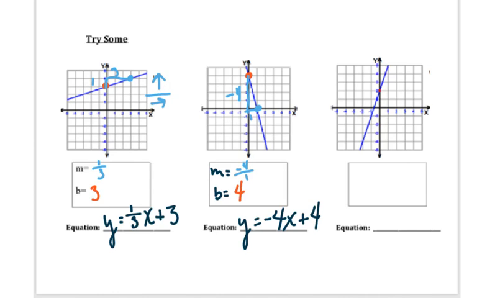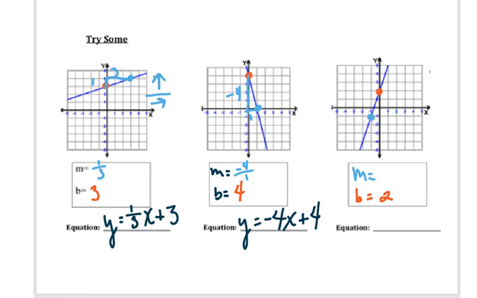Let's try one more example together. Begin on your y-axis. My b is my y-intercept, and this one, my b is 2. M is how the number moves from the y-intercept to the next perfect point. So here's a perfect point on this side. Here's one right here.